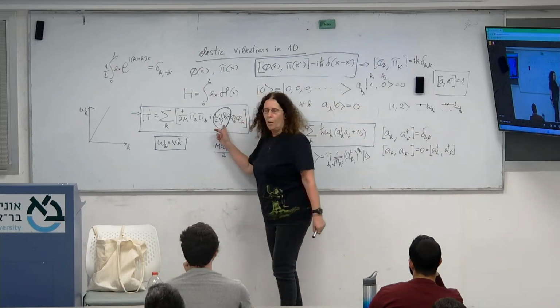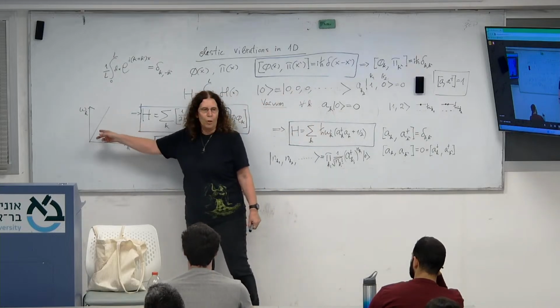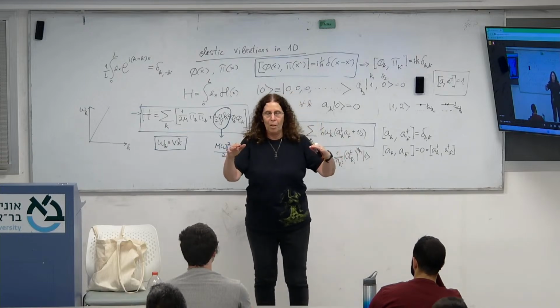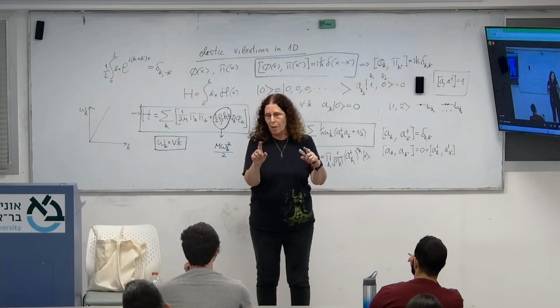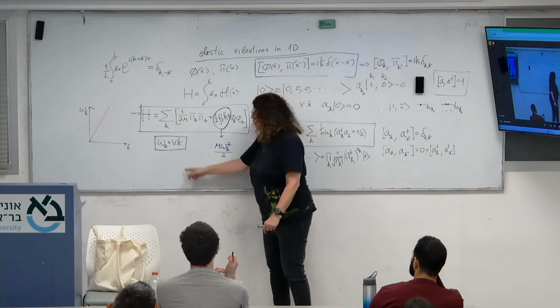This is exactly what we get here. This is the dispersion of acoustic phonons. Remember, we had a one-dimensional problem, and the phonons are also longitudinal, because the vibrations are along the direction of the wave vector k.